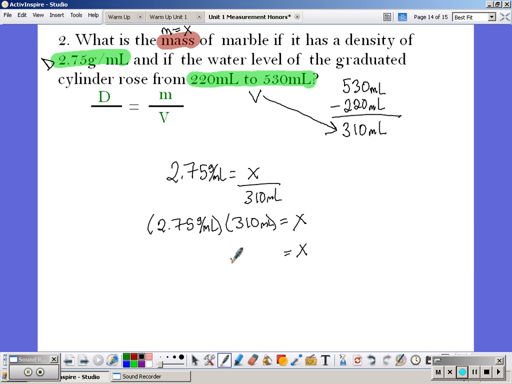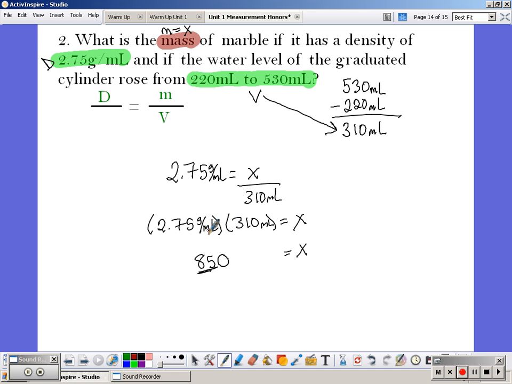Now our calculator gives us an answer of 852.5. But I only need 2 sig figs, so I would want to keep the first 2. But this is now 85, and it started off as 800. So I can add a 0 without a decimal to make it the same magnitude and not change the number of significant figures.